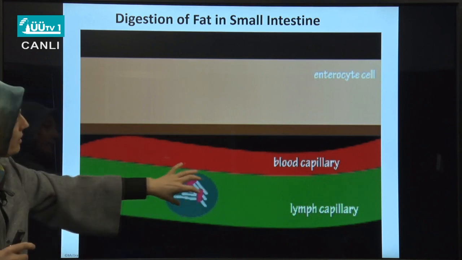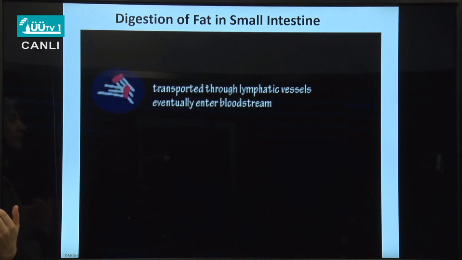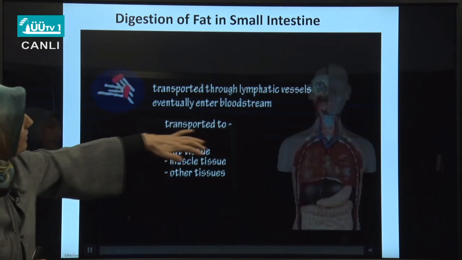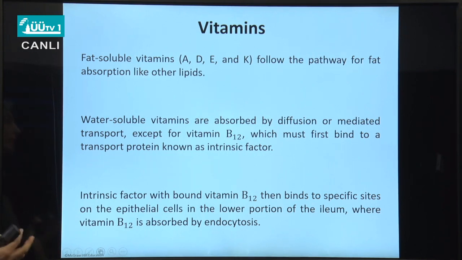So because of their huge size, they cannot be taken up by the capillaries, and they are taken through the lymph vessels. So through the lymph vessels, eventually they enter the bloodstream through the vein. And in the circulatory system, they are used for further usages.